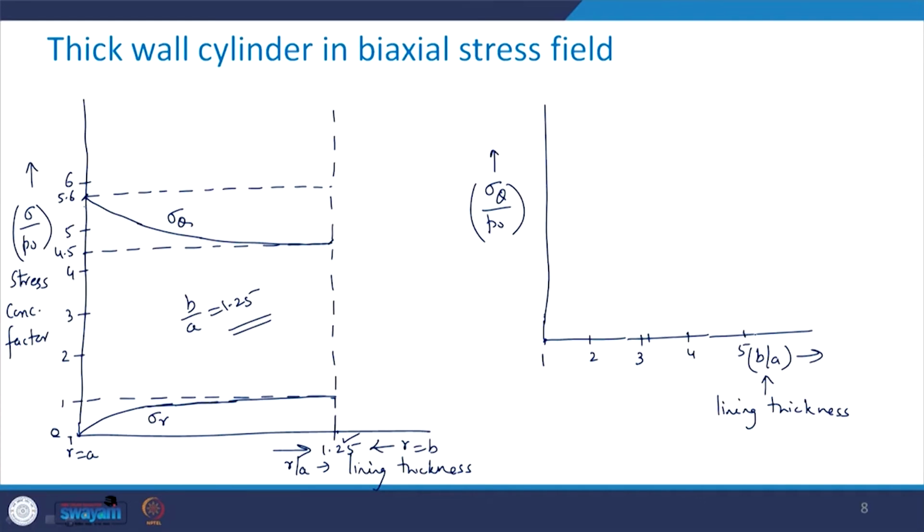And on this axis I have 1, 2, 3, 4, 5, 6 and 7, let us say. So, this is your 7.